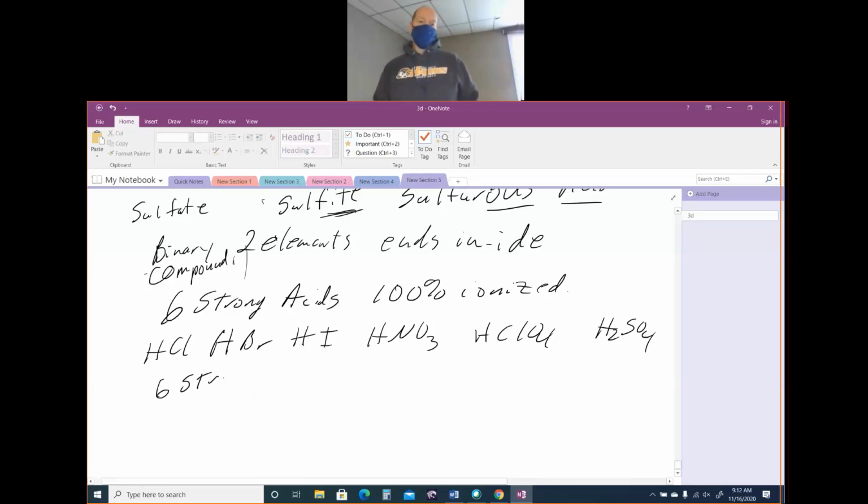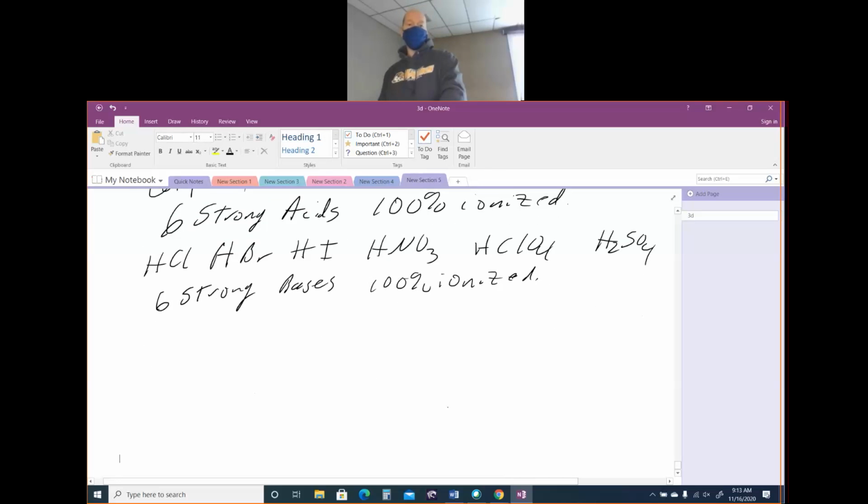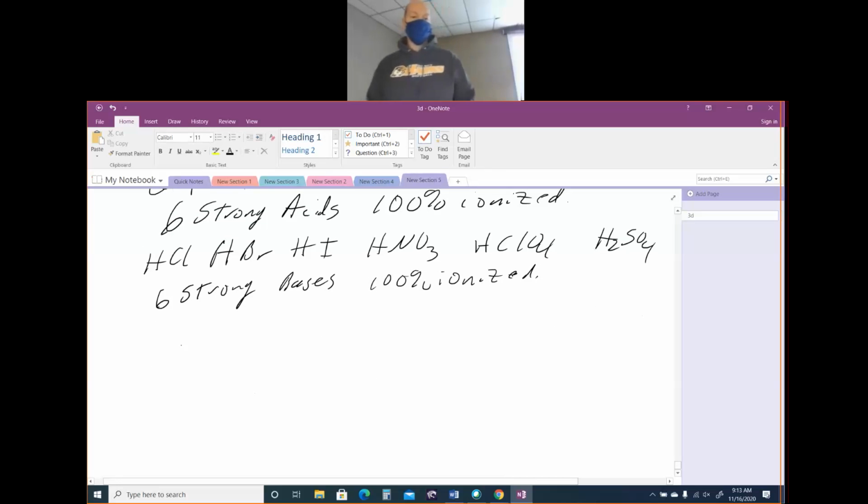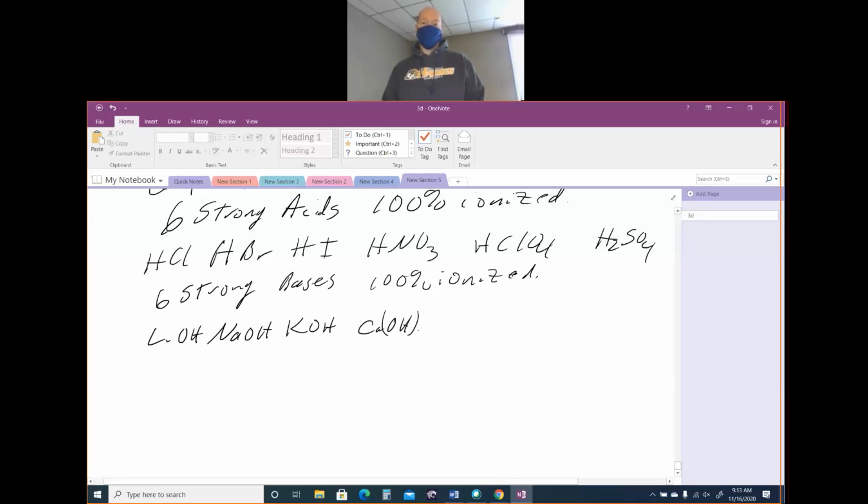Your 6 strong bases. Again, that just means 100% ionized. Hydroxides are insoluble except for the 6 strong bases. Those are the ones that are 100% ionized. So you've got lithium hydroxide, sodium hydroxide, potassium hydroxide, calcium hydroxide, strontium hydroxide, and barium hydroxide.